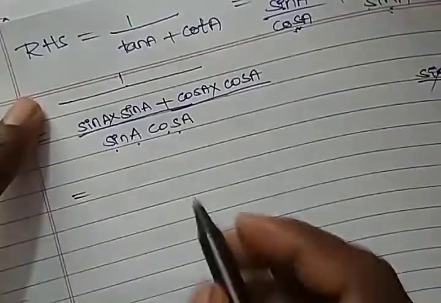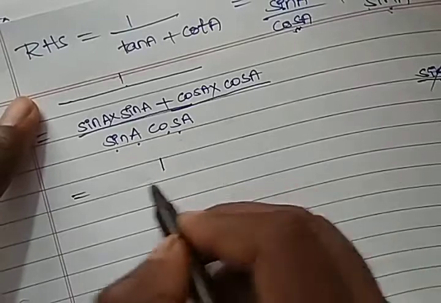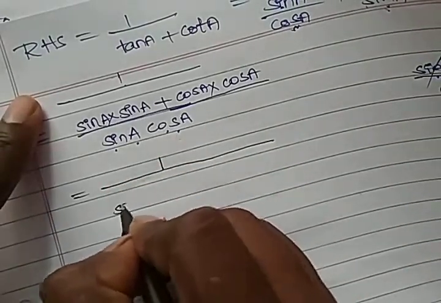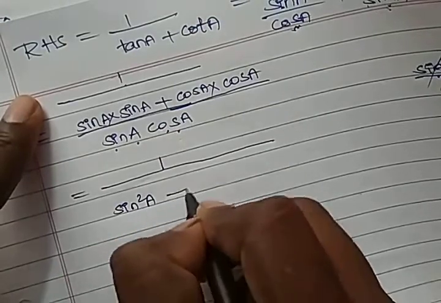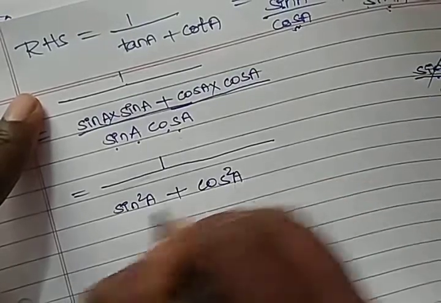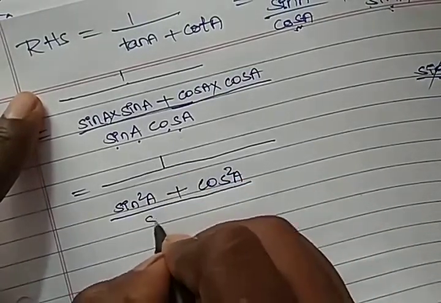Okay, next 1 by sin a into sin a is sin square a, plus cos a into cos a is cos square a, whole by sin a into cos a.